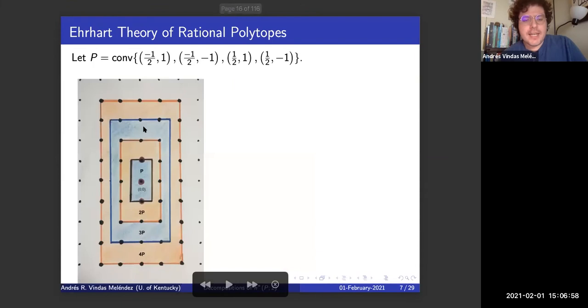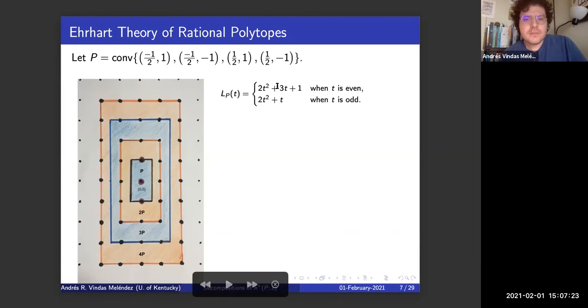But when we dilate it by integral factors, we start noticing some things. For example, in this particular case, if you dilate by an even integral dilation, we get a lattice polytope. And so the Ehrhart quasi-polynomial is of this form, where we care whether the dilation is even or odd.